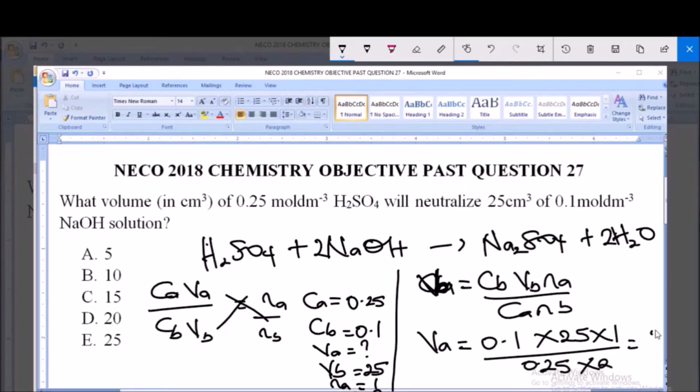Now this is equal to 2.5 over 0.5, and this is equal to 5 centimeter cube. So the volume of this acid required to neutralize 25 centimeter cube of this base is 5 centimeter cube.